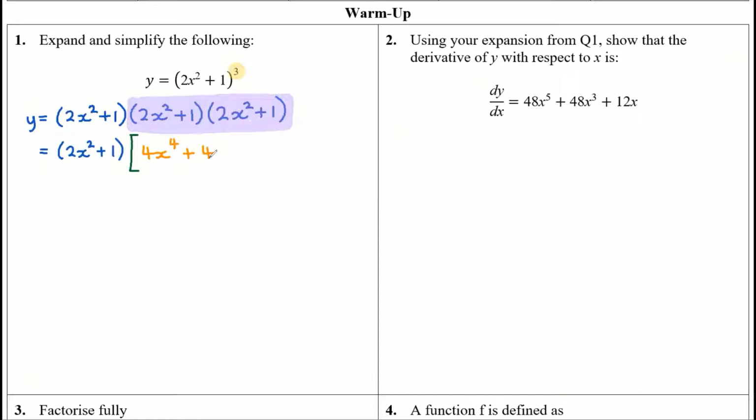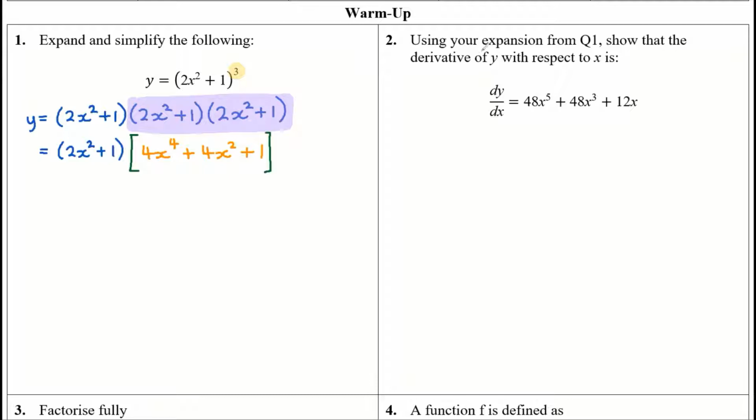So that's going to be 4x squared, and then plus 1. Just double check that, make sure you're happy with what you've done there. Now we've expanded 2 of the brackets, we can bring in the 3rd bracket and multiply through by 2x squared and 1.